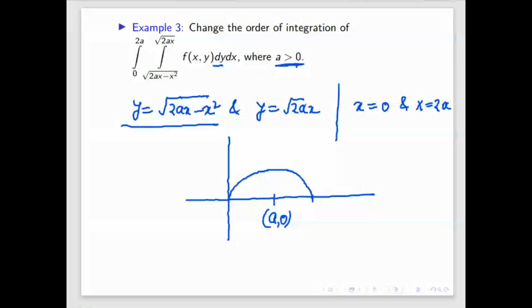And this side is 2a comma 0 because radius is a. Now what is the picture of y equal to square root of 2ax? That means y square equal to 2ax. It will represent a parabola. Parabola passing through origin. So at point 2a comma 0 at this line, at x equal to 2a, if you put here, what is the value of y? 2a, plus or minus 2a.